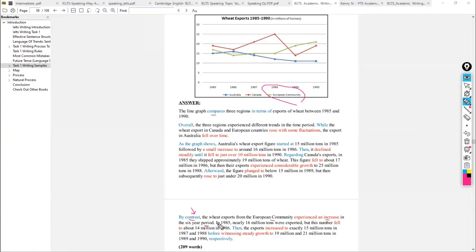In the first date, 1985, nearly 16 million tons were exported. I'm talking about the European community, this is at 16, not exactly 15.